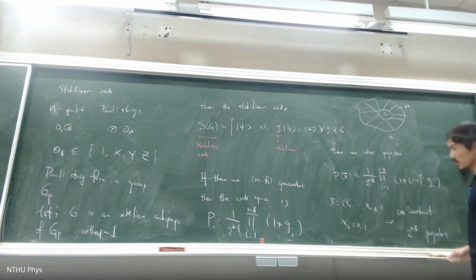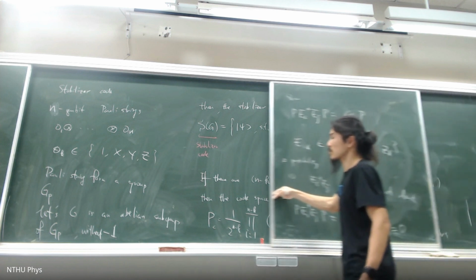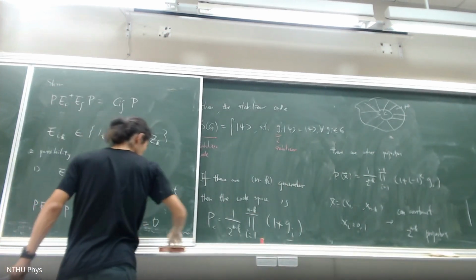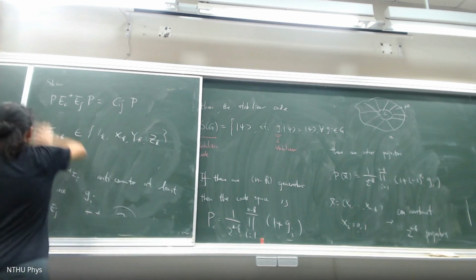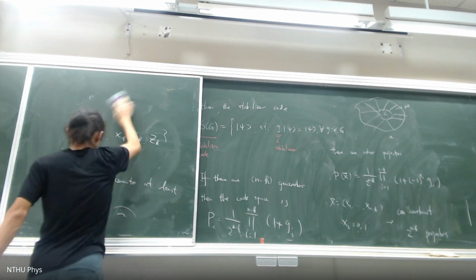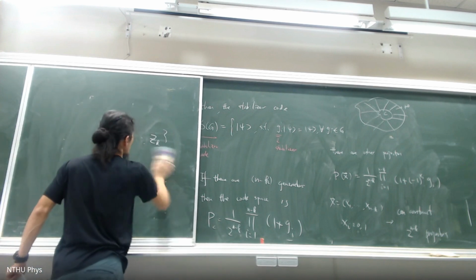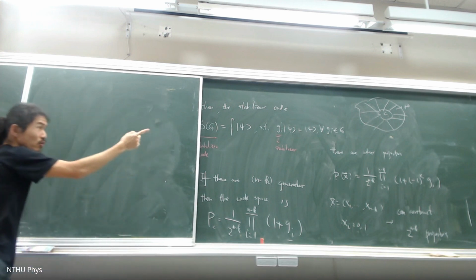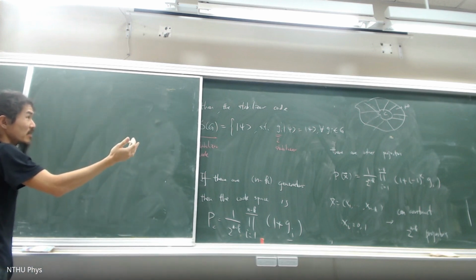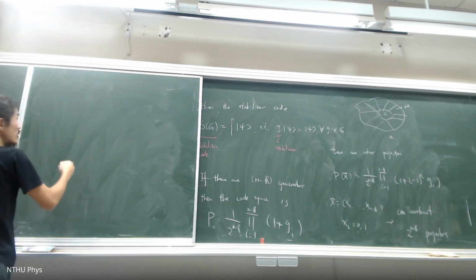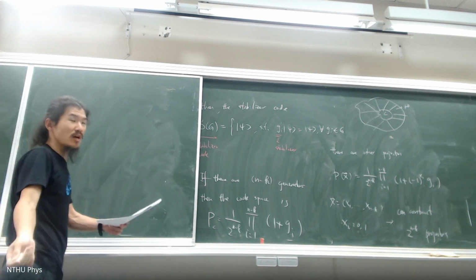The total Hilbert space is of dimension 2 to the power n. I can consider that the sum of all the projectors corresponds to the identity, right?